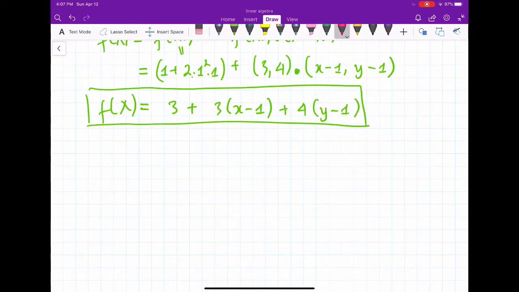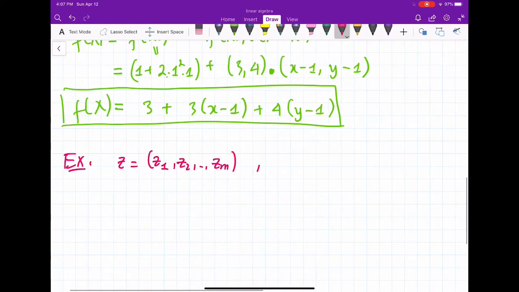In geomatics engineering, sometimes you have to consider different parameters which are functions of multiple variables. Let's say you have some z, which is a vector of parameters, z1, z2, up to zm, right? And each z is a function of, let's say, x1, x2, up to xn.